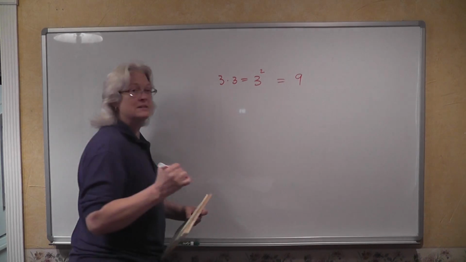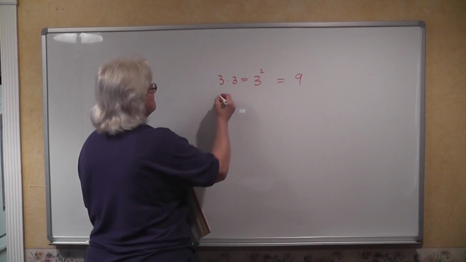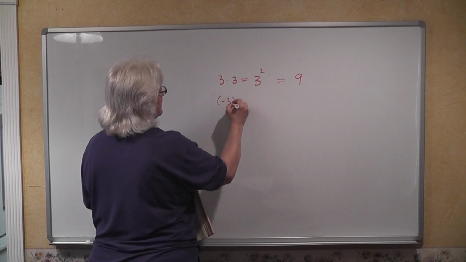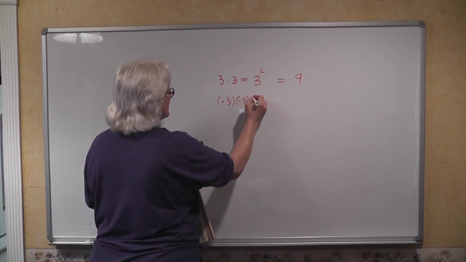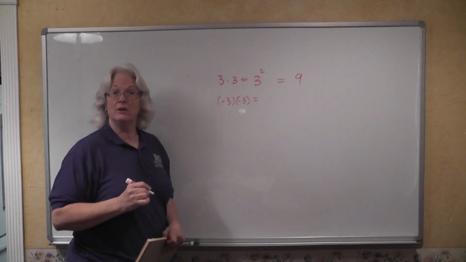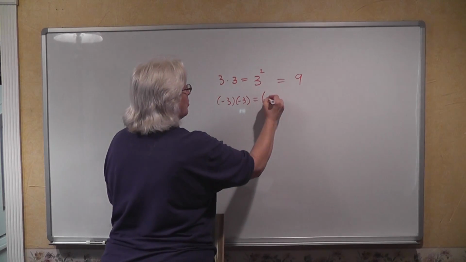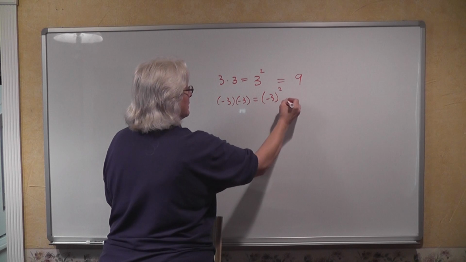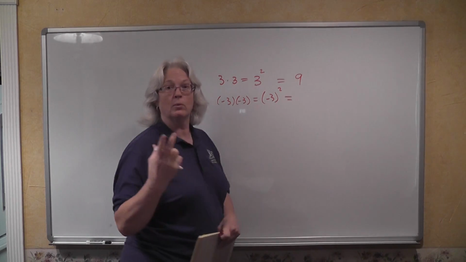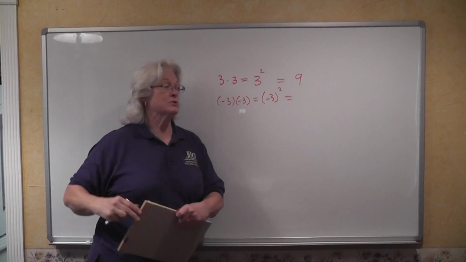But what happens now if I were to say negative 3 times negative 3? How would I use that with exponential notation? That would be the quantity negative 3 squared. What do you get when you get the product of 2 negative numbers?